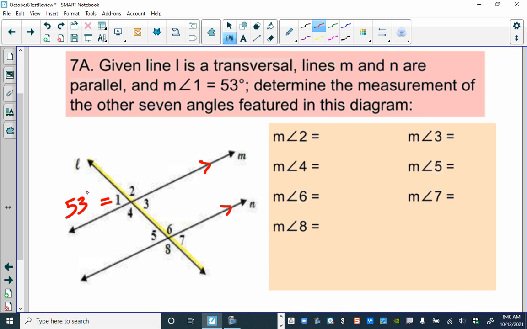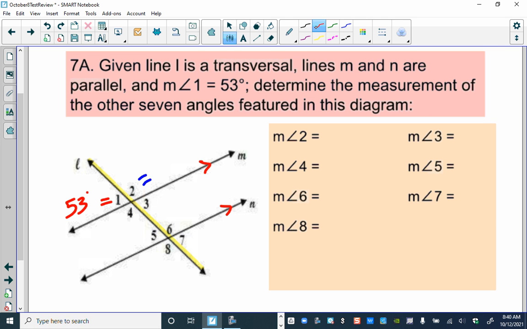So angle 1 is 53 degrees. Well, what must angle 2 be? Careful, angle 2. Why 127? Joey, you got it. Now, if we had said angle 3, then no, you would have been correct.